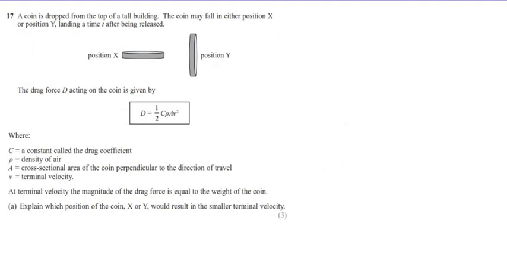Let's see, question number 17. A coin is dropped from the top of a tall building. The coin may fall in either position X or position Y, landing a time t after being released.